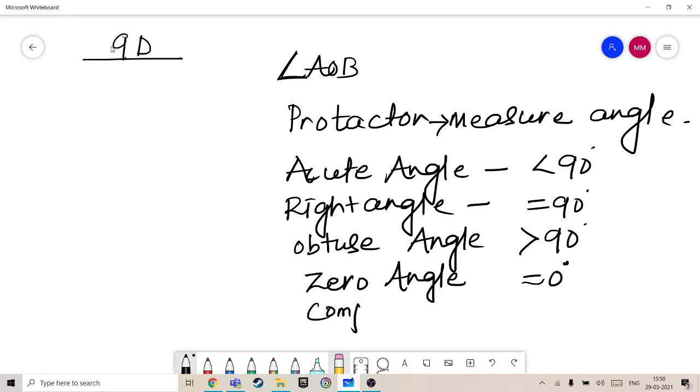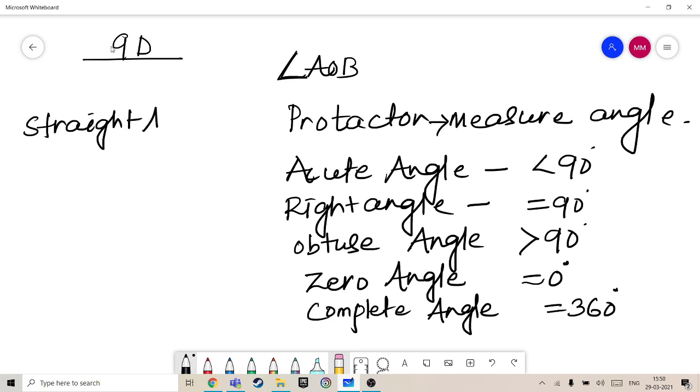Complete angle. If the angle is equal to 360 degree, then that is complete angle. Straight angle. If the angle is equal to 180 degree, that is straight angle.